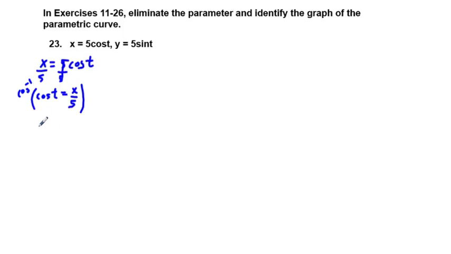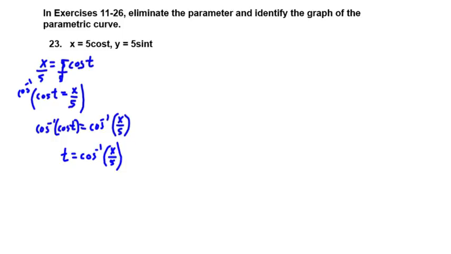What that leaves us with on the left side is inverse cosine of cosine t equals inverse cosine of x over 5. And inverse cosine of cosine cancel out, and we have t is equal to inverse cosine of x over 5.